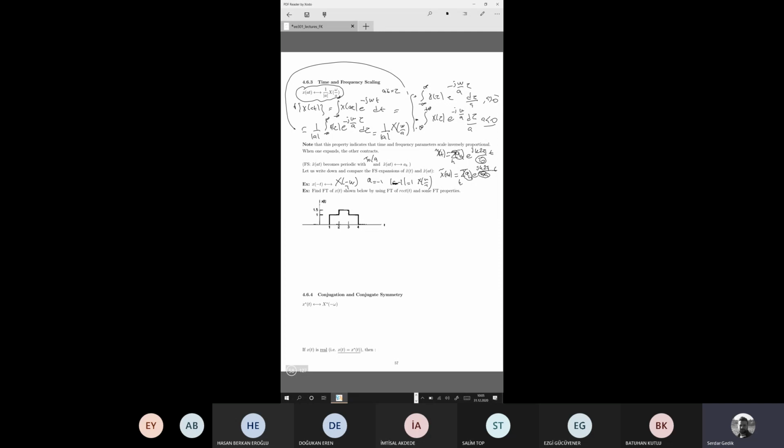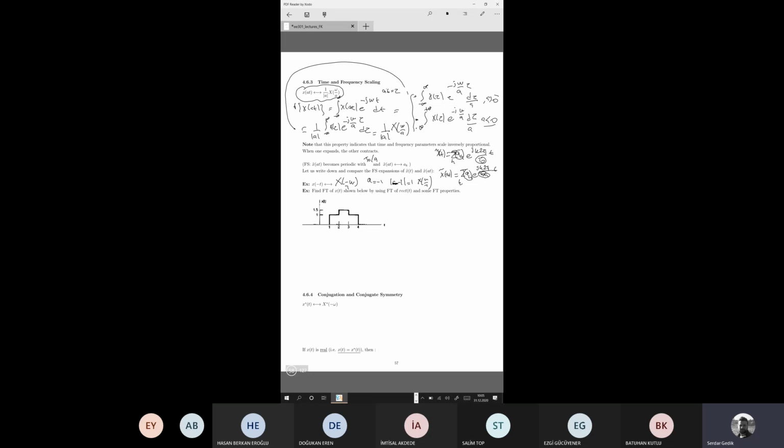Next example shows you how to use some properties together to find the Fourier transform for x of t. So I have this interesting signal. It is 1 in the interval 1 to 2. It is 1.5 in the interval from 2 to 3, and it is again 1 in the interval from 3 to 4, and it is 0 elsewhere.